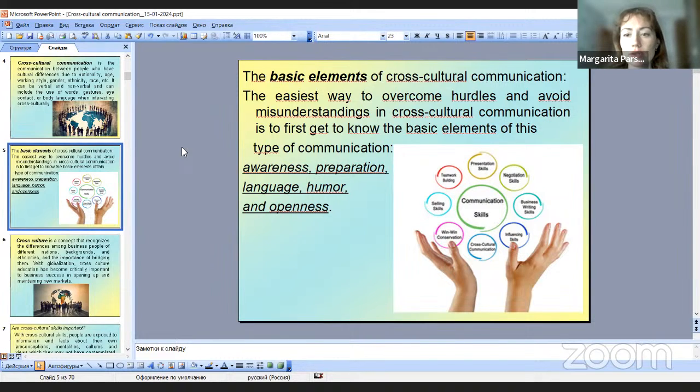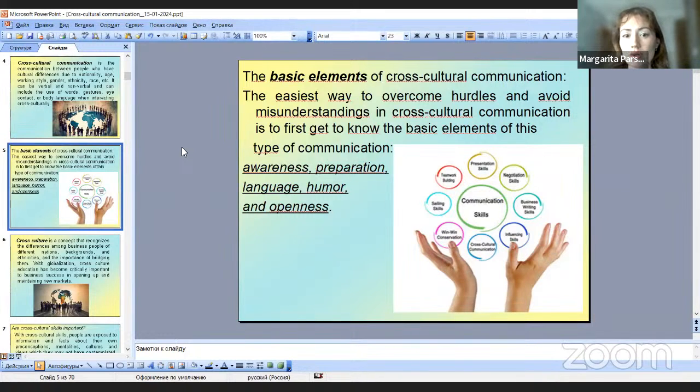Language also: it is good that we speak one language, for example English, when we're from different countries and nationalities. But if there's some lack of knowledge in the language, we must also be prepared to overcome these difficulties.